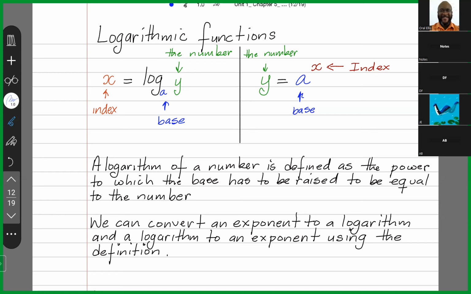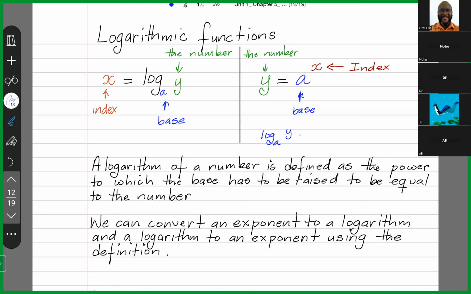A logarithm of a number is defined as the power to which the base has to be raised to be equal to the number.